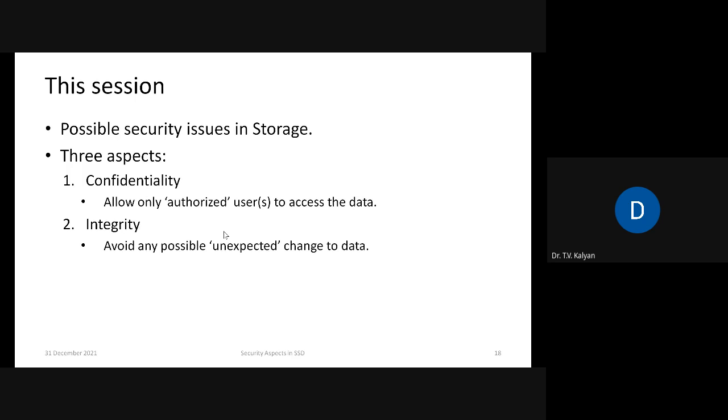Integrity, where any change in the data needs to be traceable. It should not be possible in the first place, but if at all some change is there, we should be able to trace it back. And the last point is availability, that the authorized user should always be able to access his data.